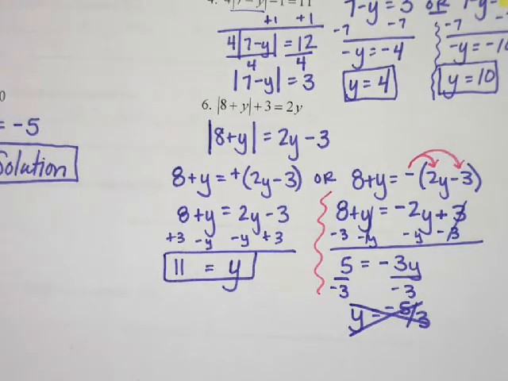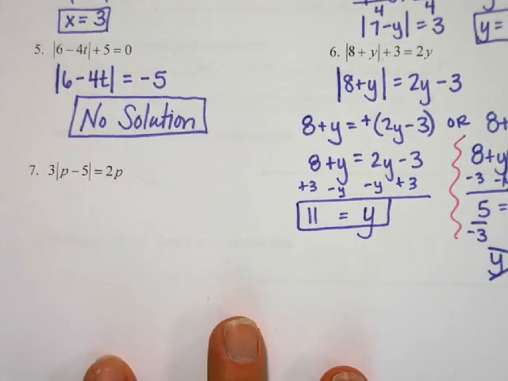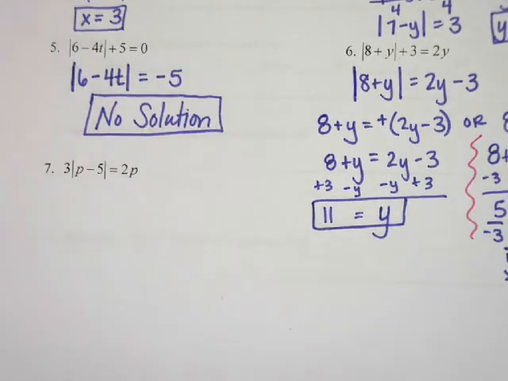All right. One more example. All right, last one, number 7. Is the absolute value by itself yet? No. What do I have to do? Divide by 3. Remember, I can't distribute into an absolute value. Sometimes it works, sometimes it doesn't, so just don't do it.